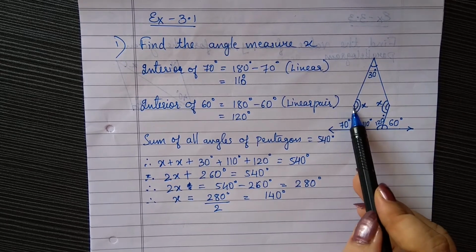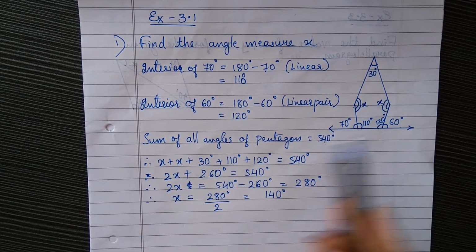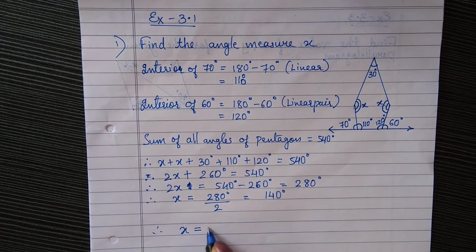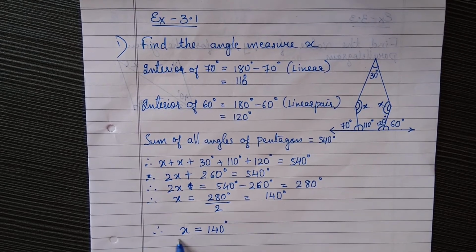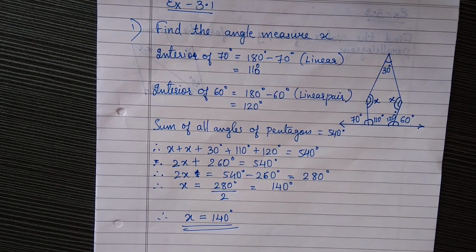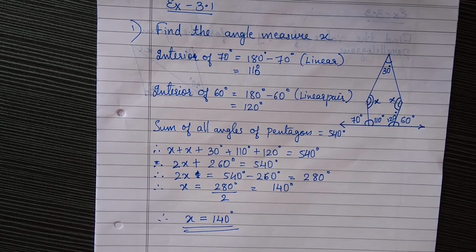So the measure of both these angles is 140, 140. Okay. So therefore we got the value of x which we were supposed to find as 140-degree. So this is the whole sum which we are supposed to find.